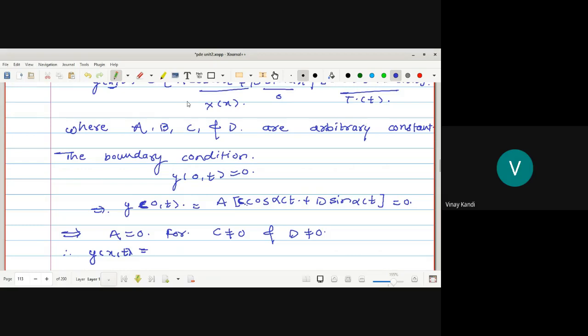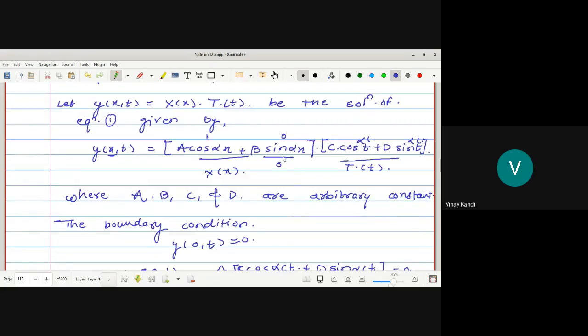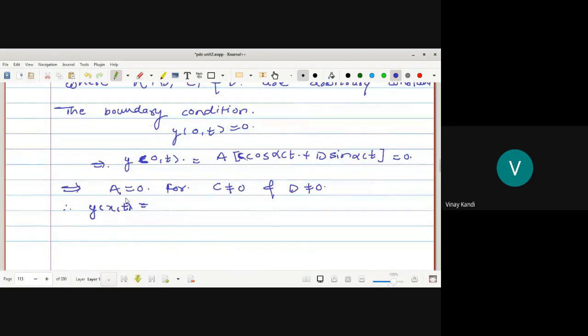Now put the value of a here. So we get b sin alpha x. y of x,t is equal to b sin alpha x into bracket C cos alpha c t plus D sin alpha c t. Okay, this is equation number 6.